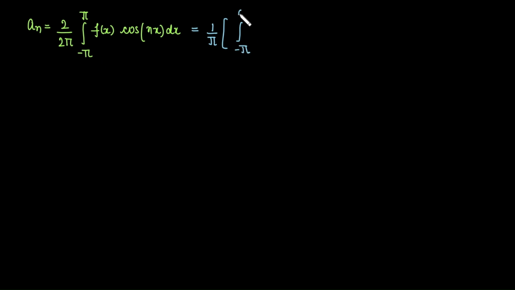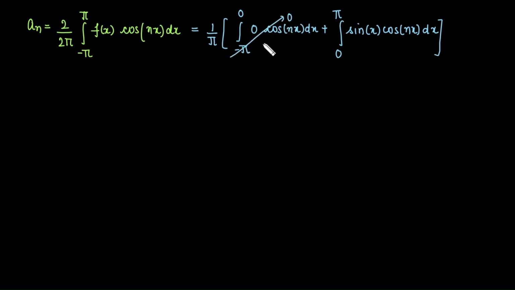So minus pi to 0, the function value is 0 into cos of nx, plus 0 to pi, function value is sin x, cos of nx, integration with respect to x. This quantity is 0 because integration of 0 is 0.